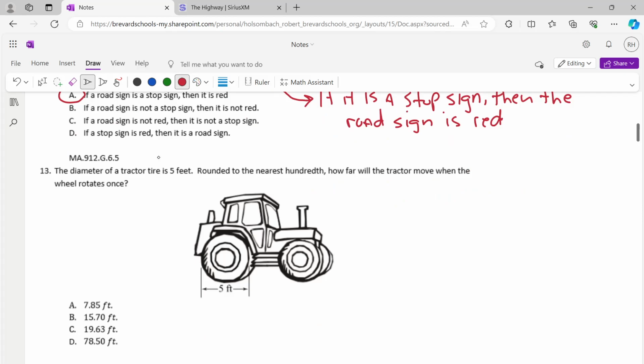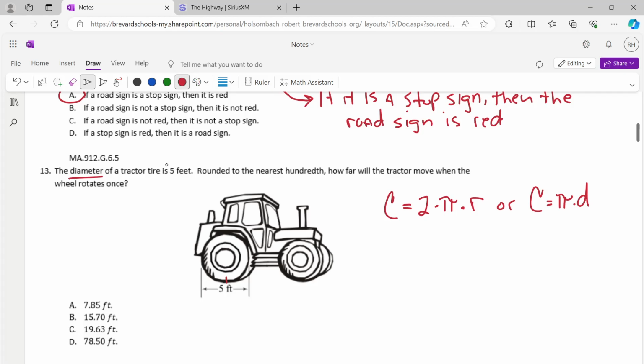All right, problem number 13. The diameter of a tractor tire is 5 feet. Rounded to the nearest hundredth, how far will the tractor move when the wheel rotates once? So how far this tractor will move when the wheel rotates once is equivalent to the circumference of this tire. And circumference of a circle is 2 times pi times the radius, or circumference equals pi times diameter.